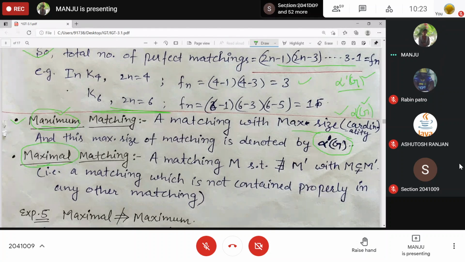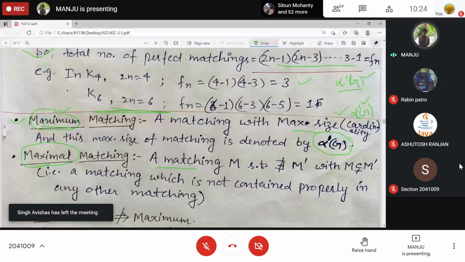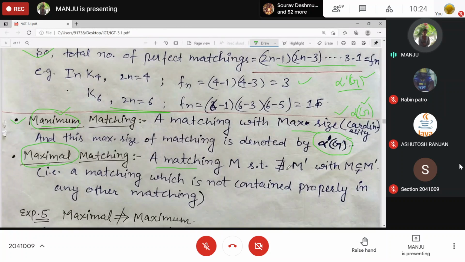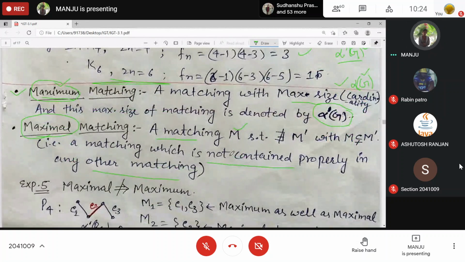So a maximal matching M is one that is not extendable, meaning there does not exist any other matching properly containing M. A matching which is not properly contained in any other matching is known as a maximal matching. Any maximal matching may not be maximum.